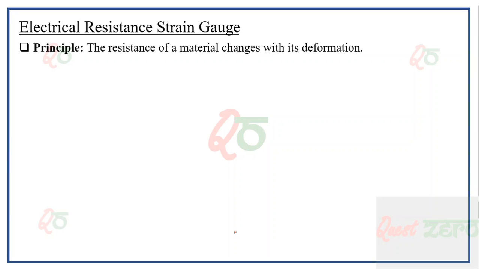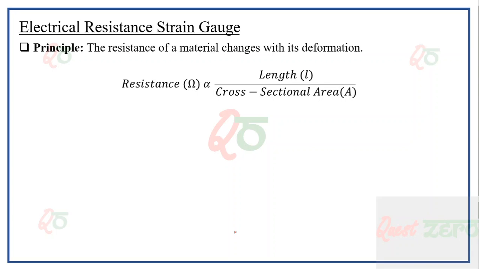We all know that the resistance of a material will change with its deformation. This particular relation is used to determine the amount of deformation, or any change in resistance is now related to the deformation. How does it change?